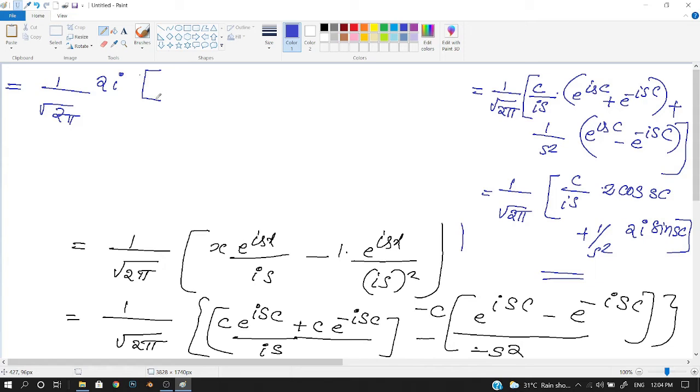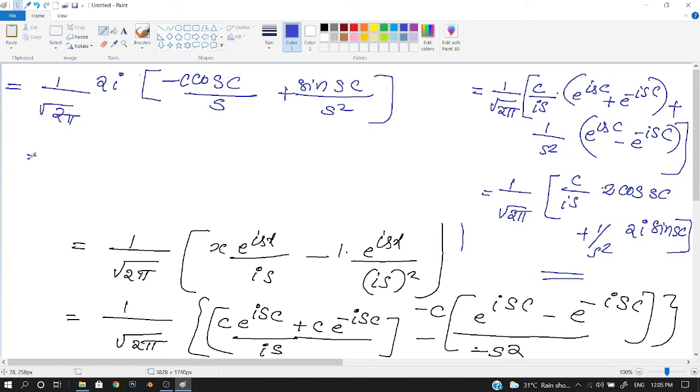2I outside the bracket. Then here you have minus remaining, then c cos sc divided by s, and in the next one, sin sc divided by s square.